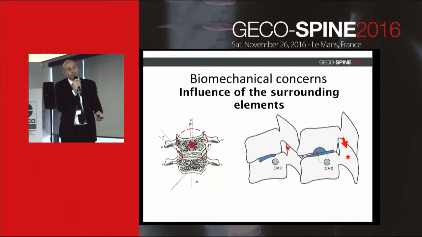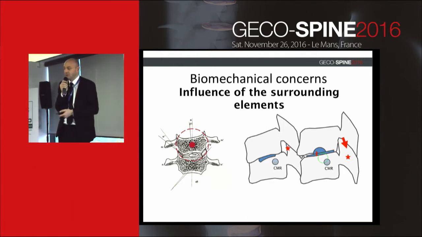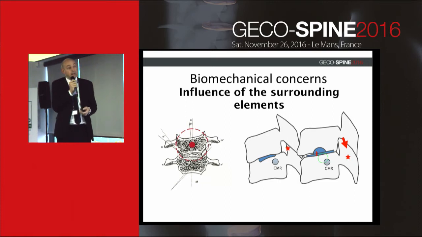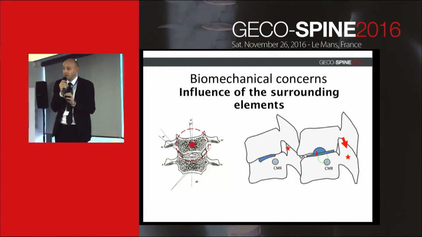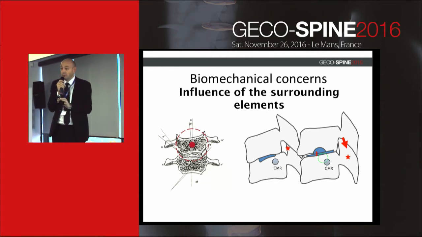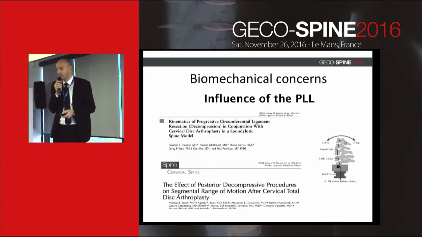The biomechanical concerns for instability are also the surrounding elements, mostly the facet joints, but also the uncus and the PLL and the muscles. The surrounding elements are crucial for instability, even more than in lumbar, because the cervical spine has much smaller bones with much more mobility at each level, and the influence of the surrounding elements cannot be underestimated.